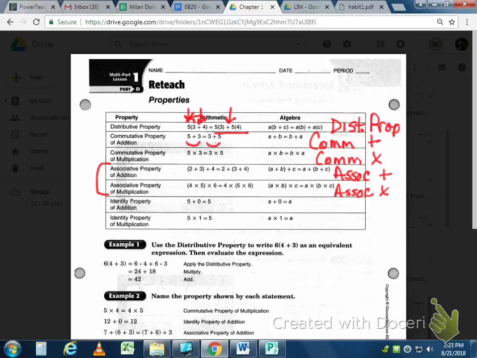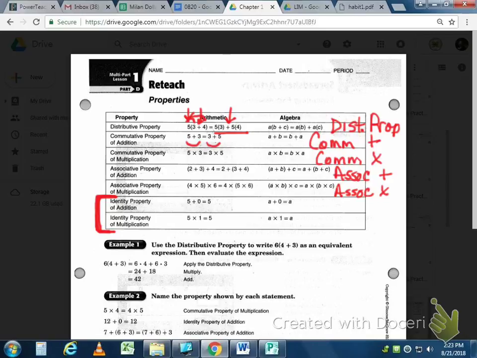All right. Last but not least is the identities, and we have two. And the way that I help remember this, or try to help you remember this, when I say the identity, these two values do not change the identity of the number. Here's what I mean. The identity property of addition.